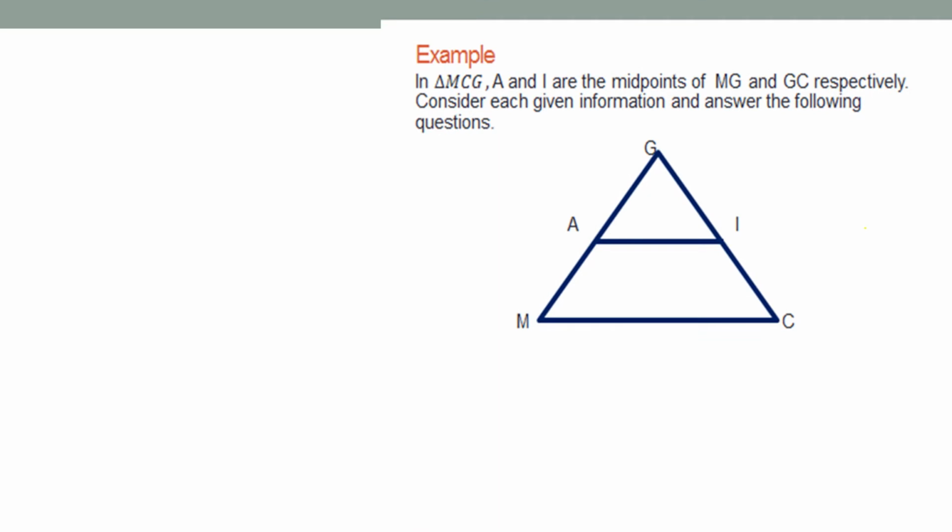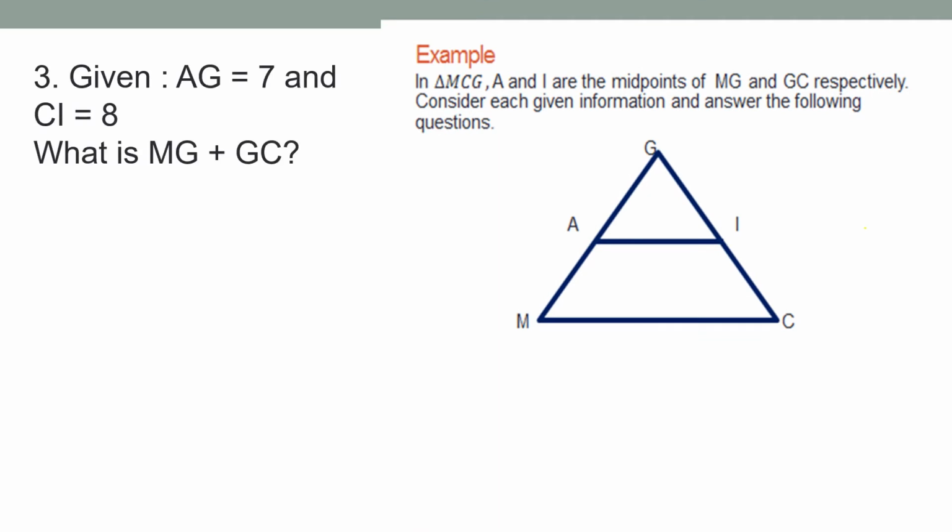Number 3, given AG equals 7 and CI equals 8. What is MG plus GC? MG equals 2 times AG.